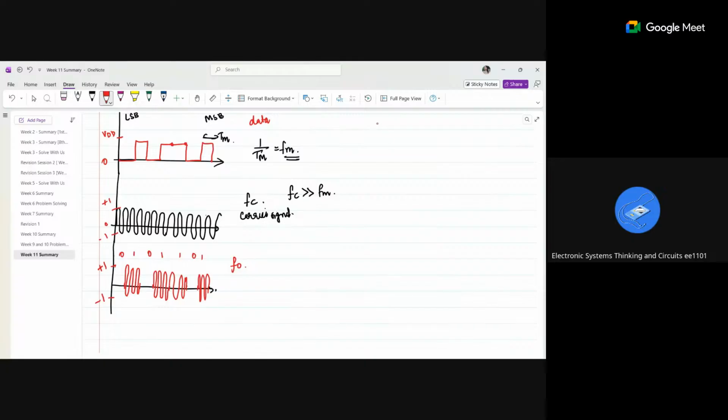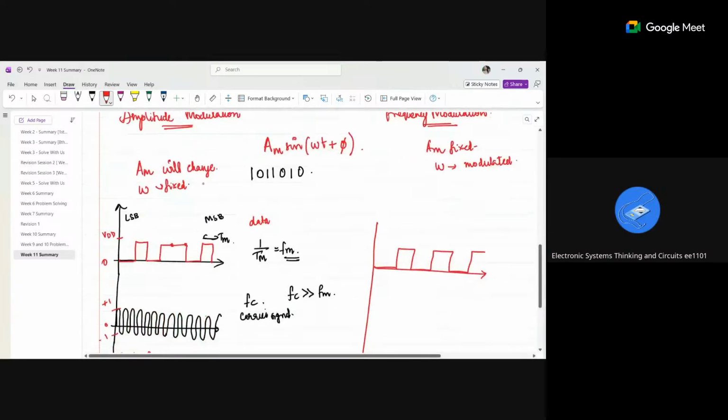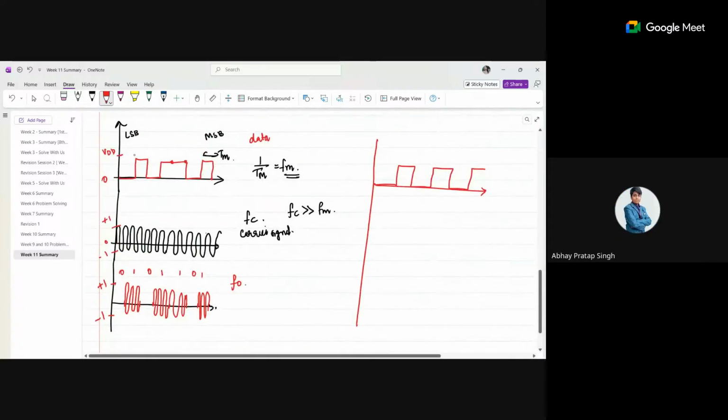Amplitude modulation means changing what? No, not frequency. There are two data values which I have to differentiate, one is 0 and another one is 1, right?